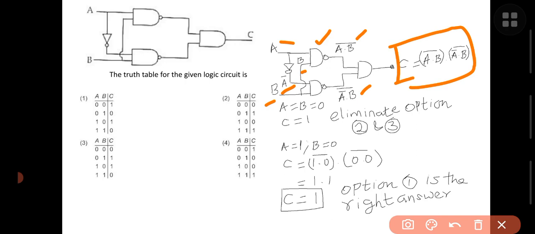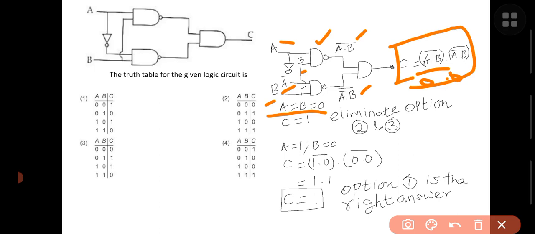When A is equal to B is equal to 0, both inputs are 0. What is the output? Let us check. We get output C as 1. How do we get this? If you substitute A and B as 0, we get 0 dot 0, the whole bar, which is 0 bar, that is 1.